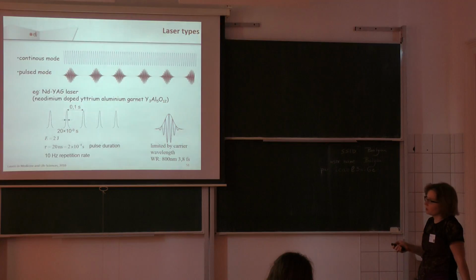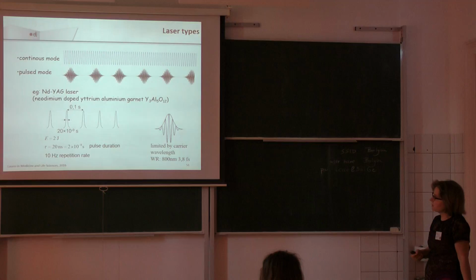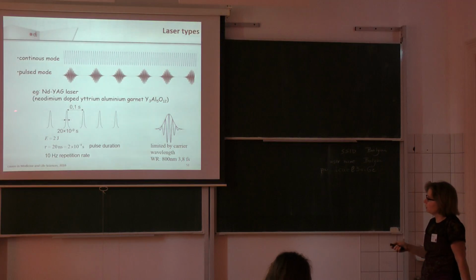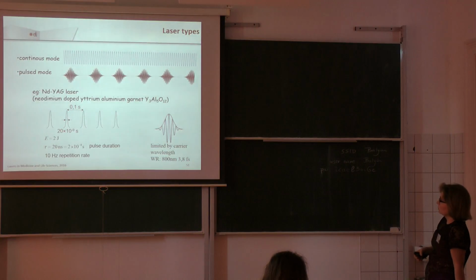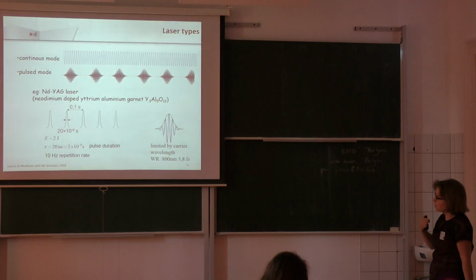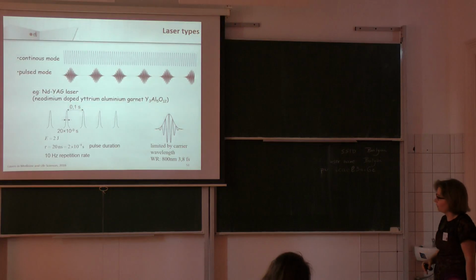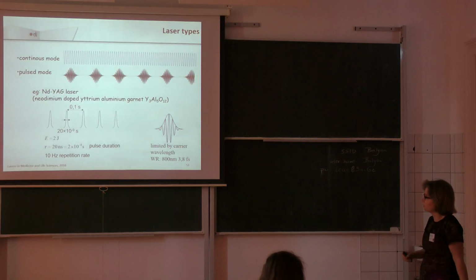So for 20 nanoseconds I have a burst of light, and then there is nothing for 0.1 second. So every second this laser shoots 10 times, but each shot is very short. So you can see that it's 7 orders of magnitude difference between the silence and the light itself. If we slow down time, there is a burst, and then for a very long time nothing. There is a burst, and for a long time nothing.